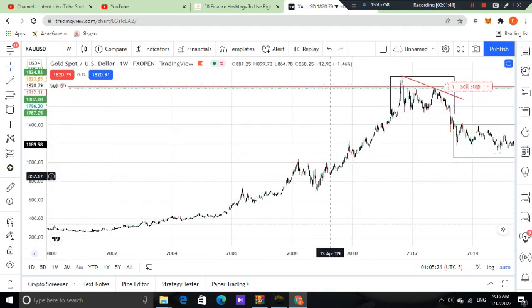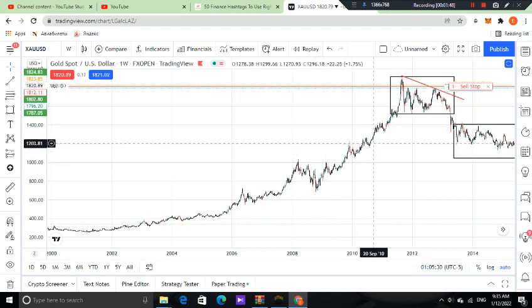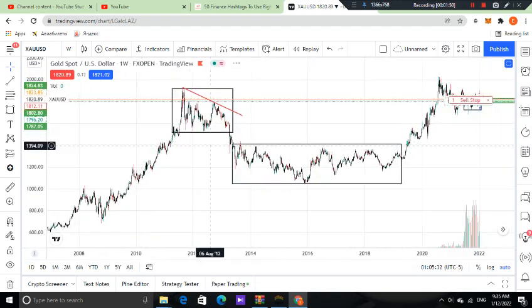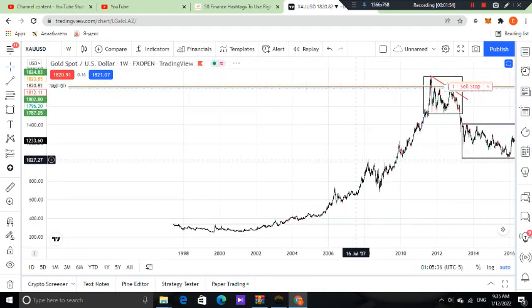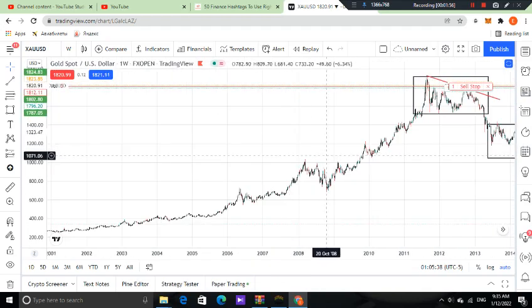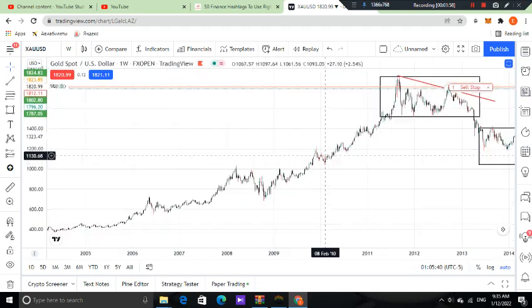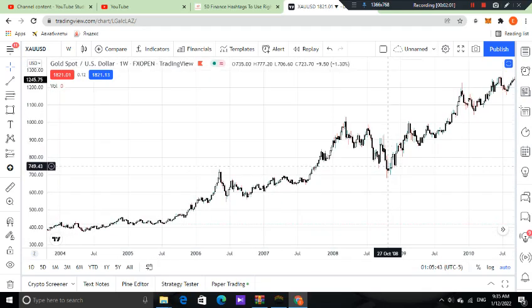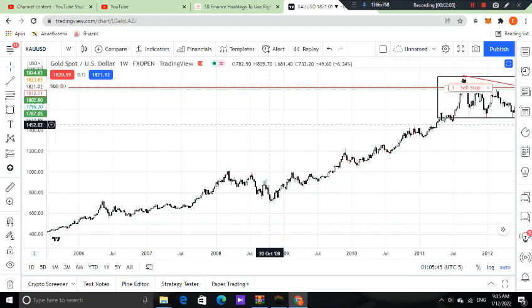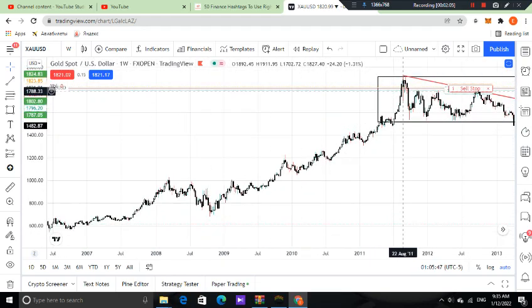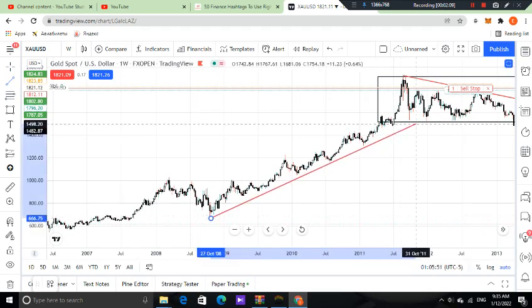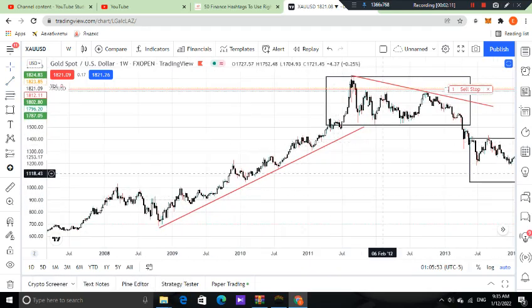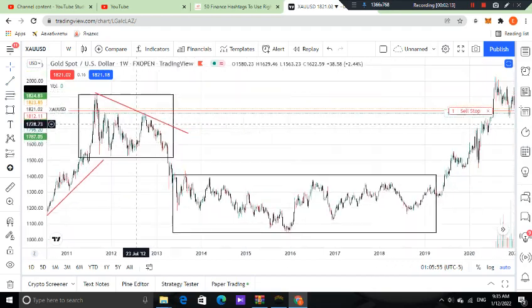And before that we had an impulsive and major uptrend, for at least since 2008 till 2011, as you can see.